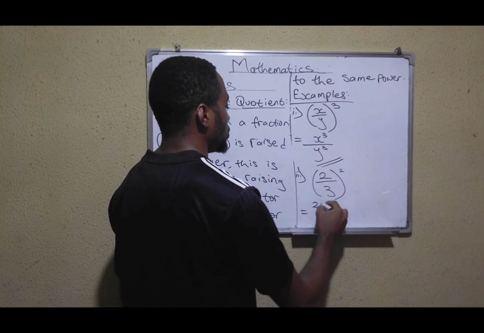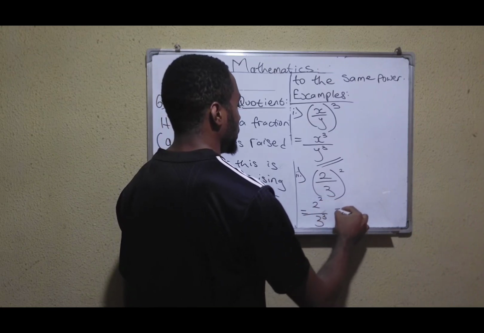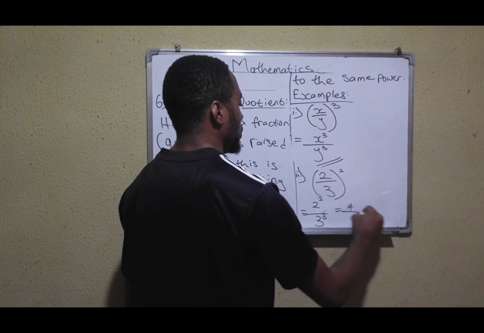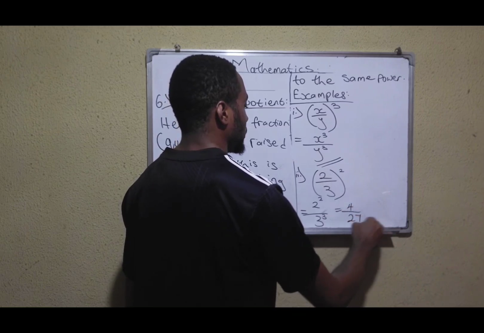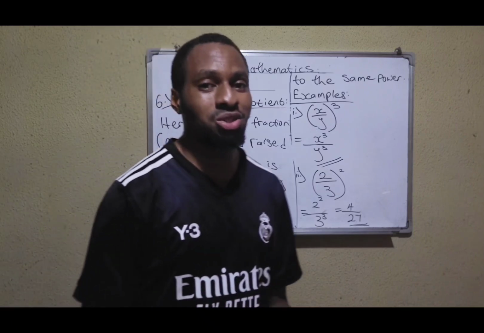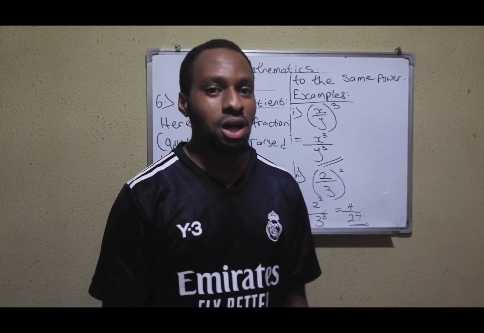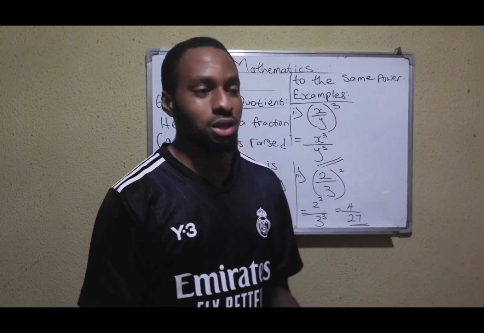This simply means 2 raised to the power of 2 all over 3 raised to the power of 2. This becomes 4 all over 9. Simple. If you have any questions so far, do not forget to put your questions in the comment section and I will respond to them immediately.